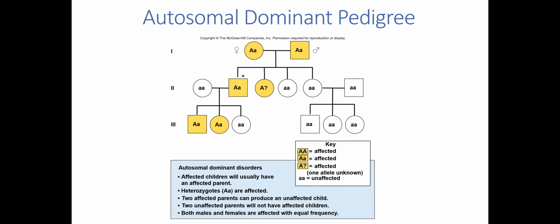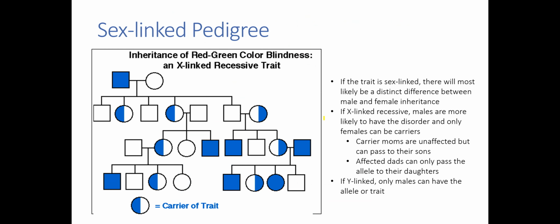Now over here, we know what this one is because that child right there, that daughter, in order for that daughter to be recessive, then this parent had to give a lowercase a as well. And so when you're studying these pedigrees, that's how you can determine the inheritance. As you look at parents, you look at the individual, and then you look at the children, and you can kind of see what alleles they may have gotten.